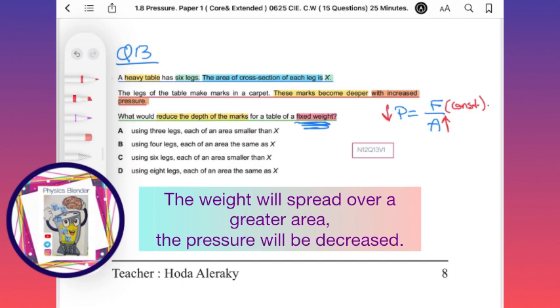So we have here options: using 3 legs, using 4 legs. We already have 6 legs, so we can use more legs. Why? The same weight will be spread over greater area. So we can use 8 legs, each of an area same as X, and in this case the pressure will be decreased.